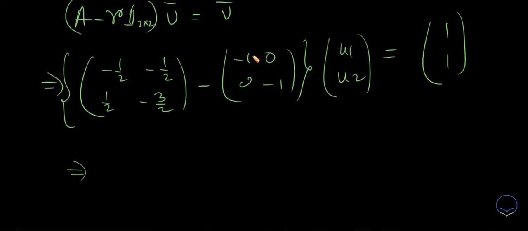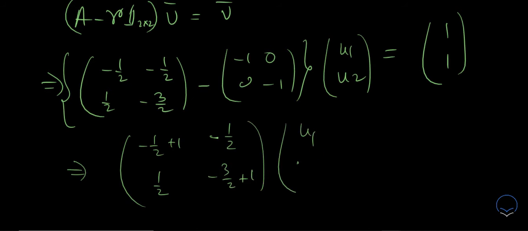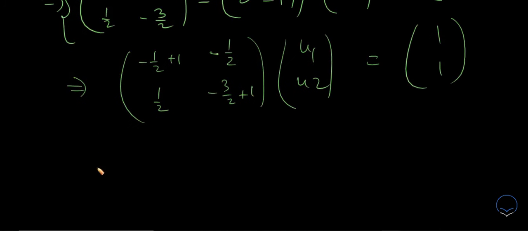And if you do that, this is just simple matrix algebra. There is a minus over here and another minus over here, so this will be a plus, so minus 1/2 plus 1, right? And this is just 1/2 minus 1/2, this is just 1/2, and this is also minus 3/2 plus 1, and u1 u2 equals (1, 1). Now you just need to solve for u1 and u2.